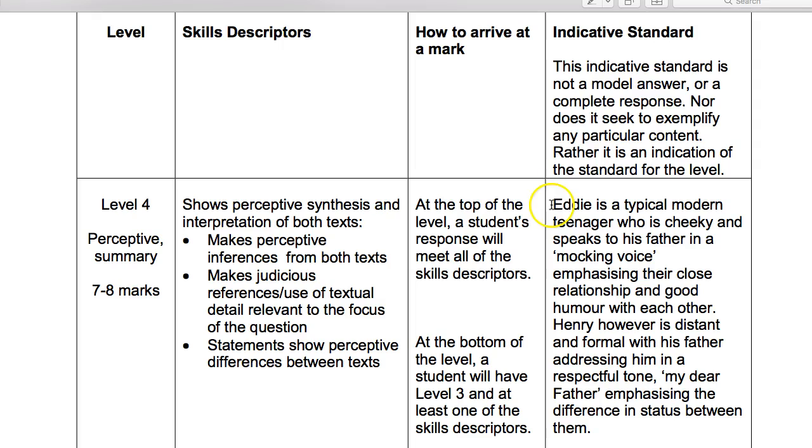Okay, and also this, it says, is not a complete response. So the examiners are going to really struggle in their first year to know what to give full marks to. It doesn't exemplify particular content. Well, that's quite good news, because it means the examiner will accept any content that you find from the text. They're not looking for a right answer.